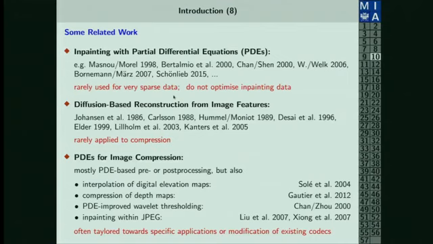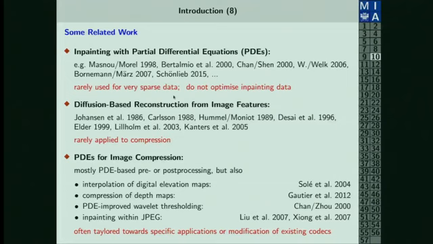And there are some papers on PDEs for image compression, but they are mainly focused either on very specific applications, for instance, depth maps in stereo images or digital elevation maps, or they take an existing codec, such as JPEG, and try to replace some of the modules, some of the ingredients by some PDE-based ingredients, but it's not redesigning something from scratch. This is more the goal which I would like to pursue.